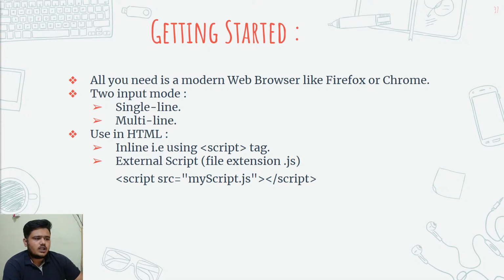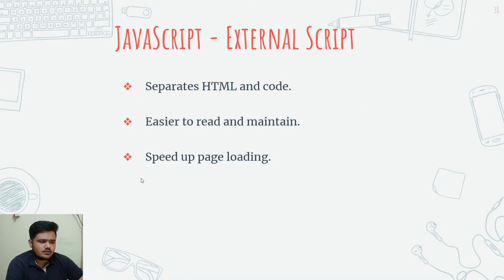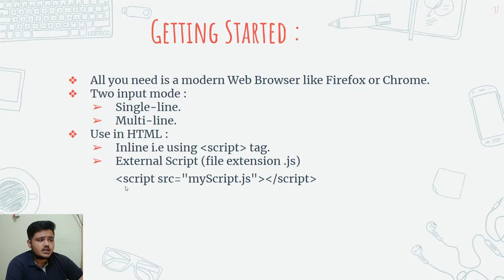So here we can use the script tag, right, to use an inline implementation of JavaScript, similar to that of CSS, correct? Secondly, we can use an external script, right, with a file extension of .js. So this is the syntax to use JavaScript or an external script in your HTML document or HTML code, correct?